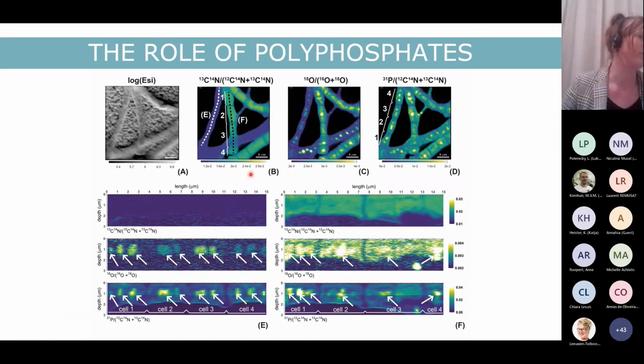So in previous experiments, we found that in the suboxic zone, about half of the filaments were not actively growing. And in this experiment, we see that still a large fraction is not actively growing, but most of these cells did synthesize polyphosphate. So they must have had access to energy to synthesize these polyphosphates. So they were doing something. They're not dead or not doing anything.